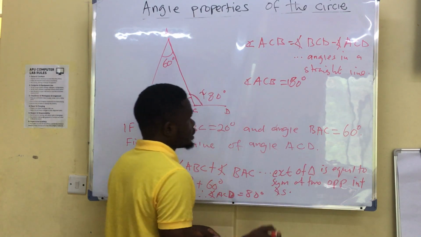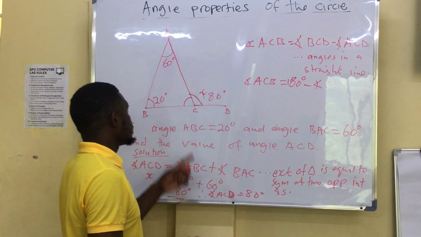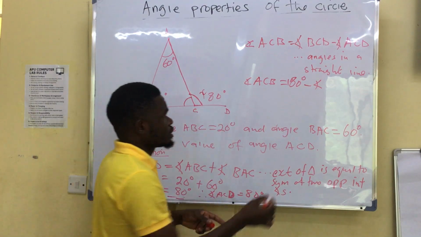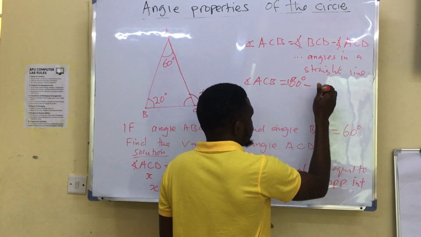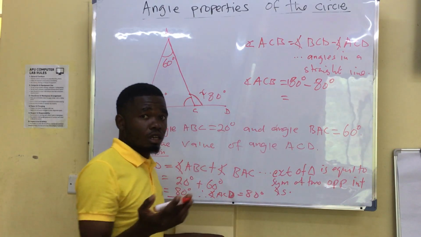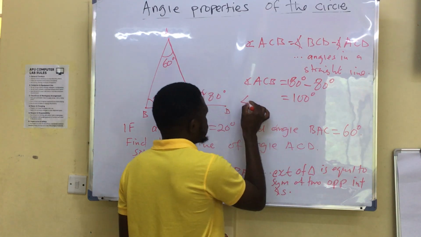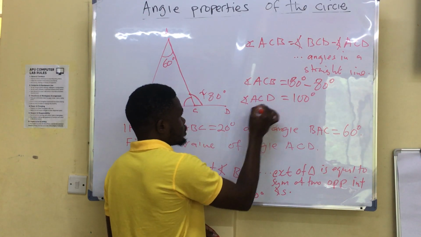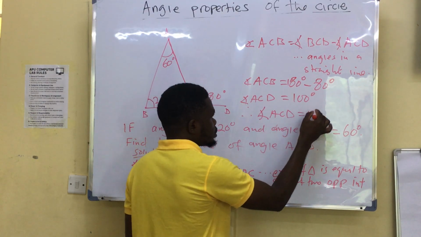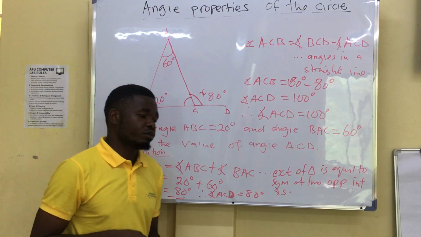Then minus angle ACD, which is 80 degrees, right? Minus 80 degrees here. So what's the value here? 180 minus 80 is what? It's 100 degrees. So therefore, angle ACB is equal to 100 degrees. You are done. It's very simple if you follow the process.